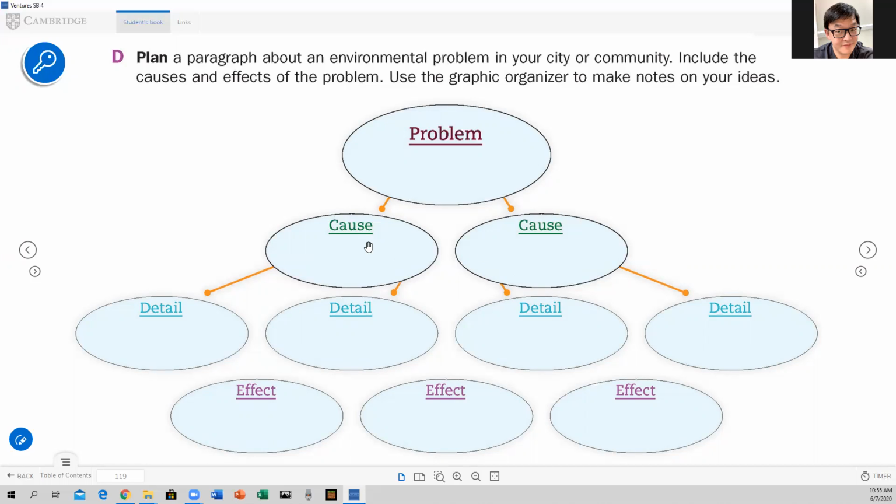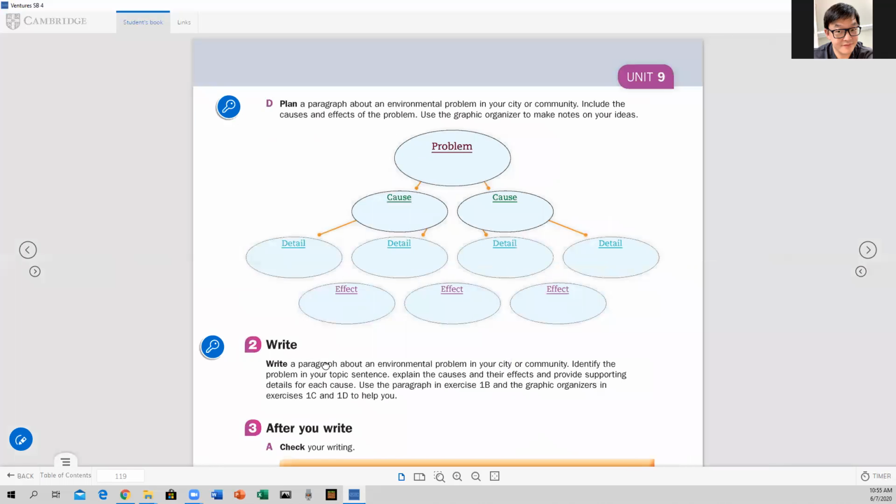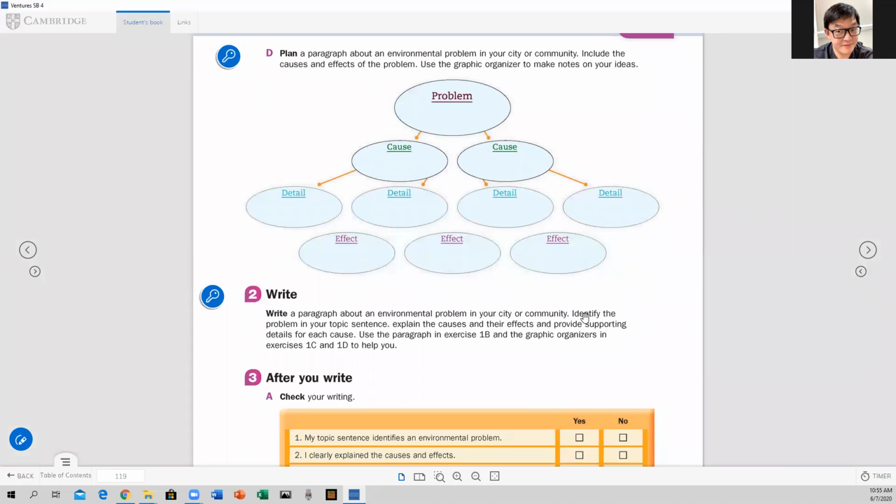And then after you're finished with this, try to write a paragraph like the one that we saw in exercise 1B, page 118. This is really a good exercise. It demands some work, but it's good if you try to do it. And I'll be happy to make some corrections and work on it, okay?